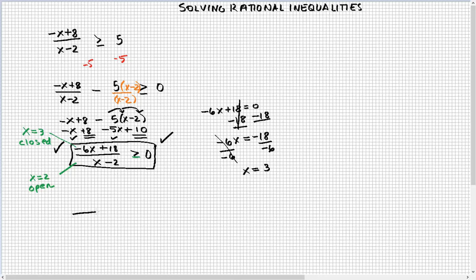I'll draw my number line. And from these critical points, 2 comes first and then 3. The 2 is open, but the 3 is closed, we said. Now I'm going to create the regions.